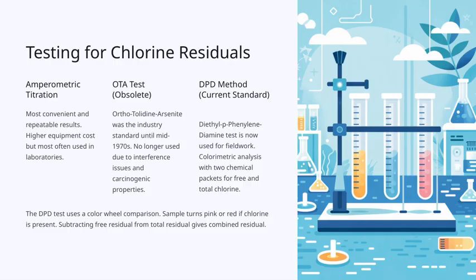If chlorine is present, the sample turns pink or red, and by subtracting the free residual from the total residual, we can determine the combined chlorine residual. Overall, the DPD method provides a practical and accurate way to measure chlorine residuals on site, helping us maintain safe and effective water treatment processes.